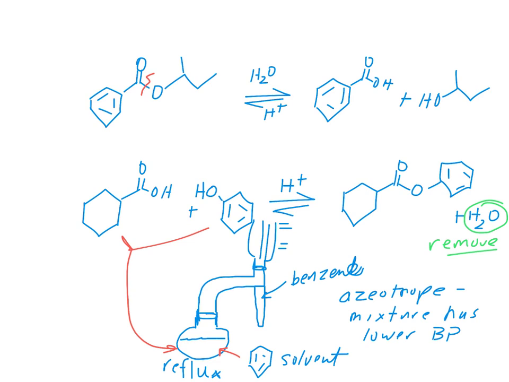Cool, huh? And the benzene floats on top, and it just runs back into your flask. So you're never getting rid of the solvent, but the water collects at the bottom.